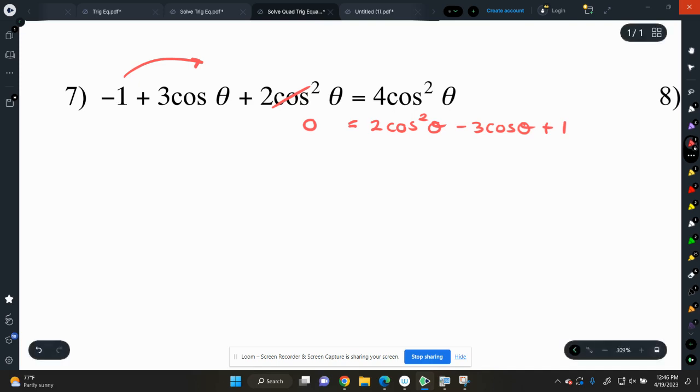So then we have to factor. This is going to factor 2 and 1, 1 and 1. They both have to be negative. Okay, so we get 0 equals 2 cosine theta minus 1 times cosine theta minus 1 again. So 2 cosine theta minus 1 equals 0.